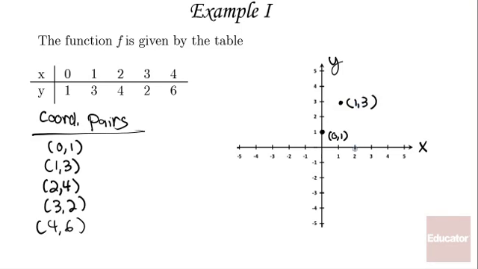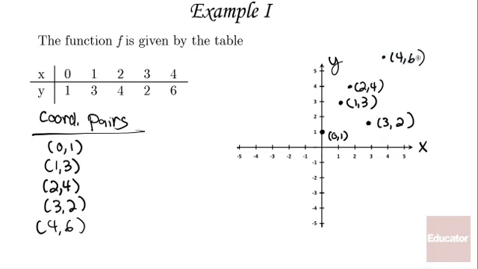Then, next pair, I have x at 2, so I'm going to go to 2 on the x-axis and then up to 4 on the y-axis. Then I have 3, 2. So x, 1, 2, 3, and y is down here at 2. And then finally, 4, 6. X is 4, y is a little bit up here at 6.